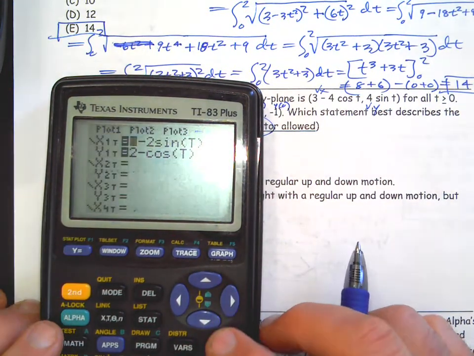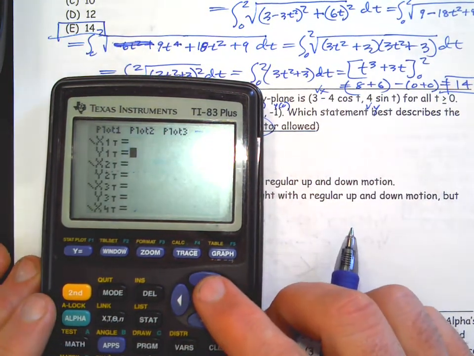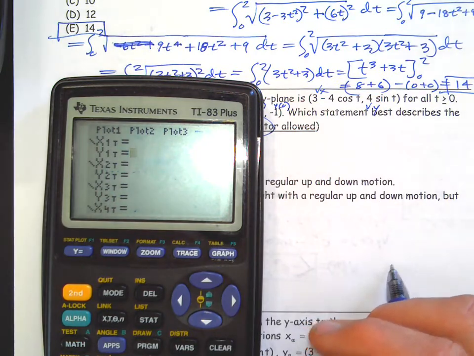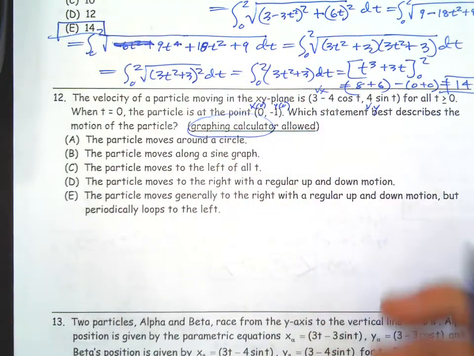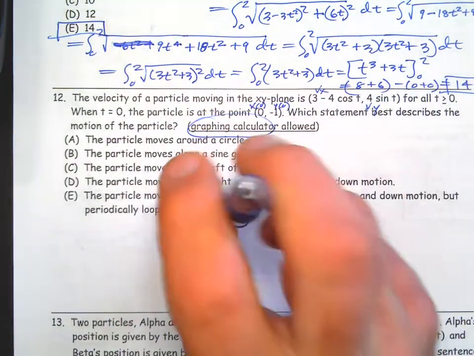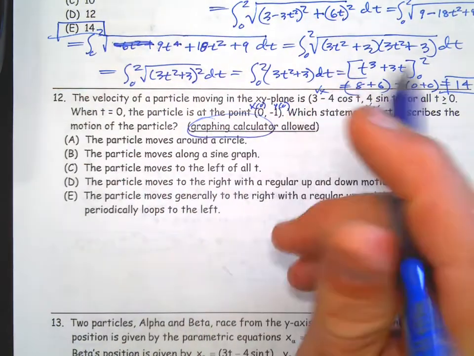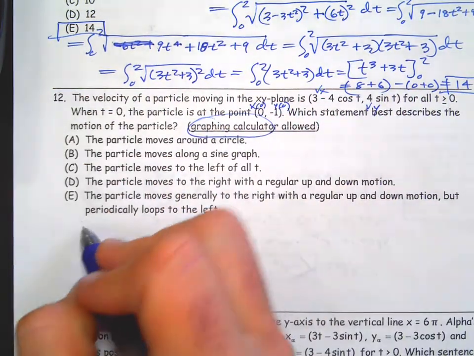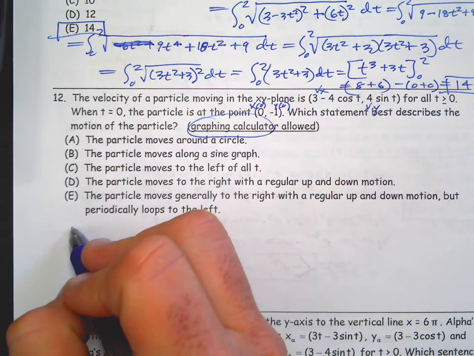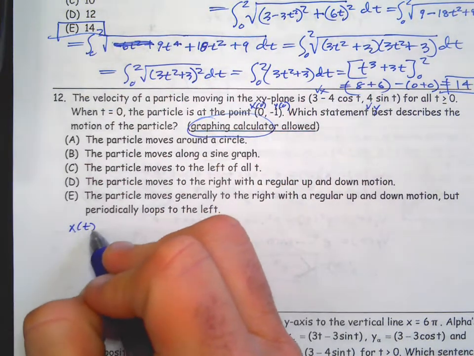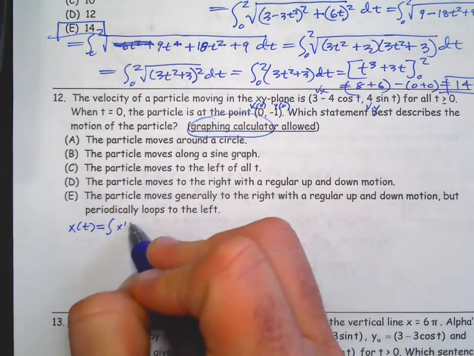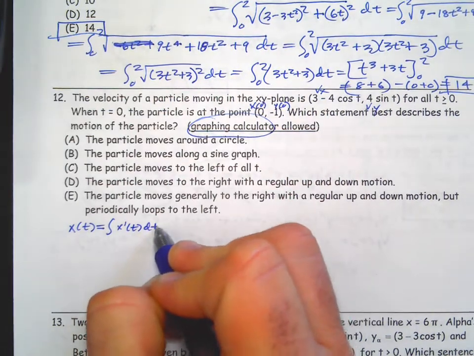See, these are velocities, though. So I don't know if we're ready to do that. We could try and do what we did earlier, where we said, okay, well, we could try and get x from x prime, right?